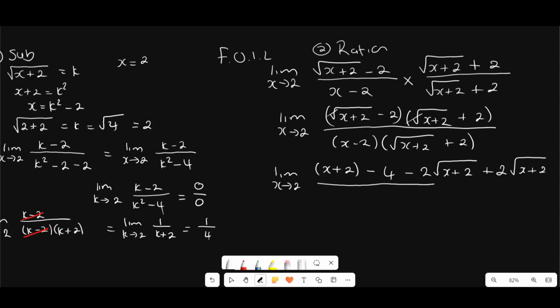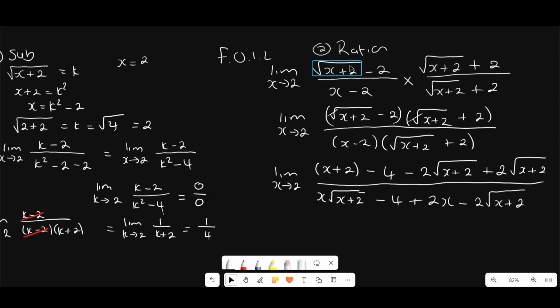And this is all divided by, here again I want to FOIL, therefore I'll have x plus 2, then that times that is negative 4, that times that is plus 2x, then this times that is negative 2 root x plus 2.